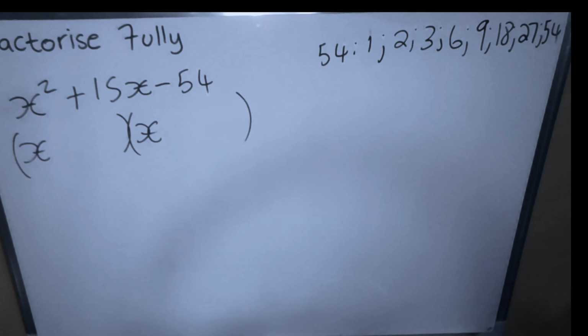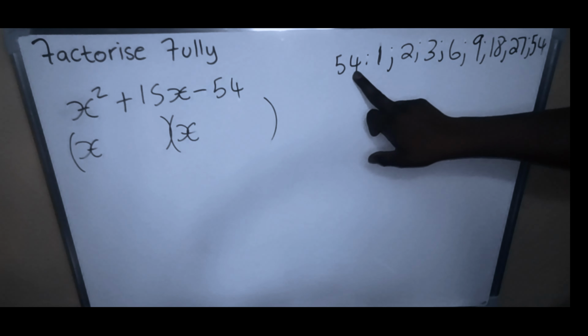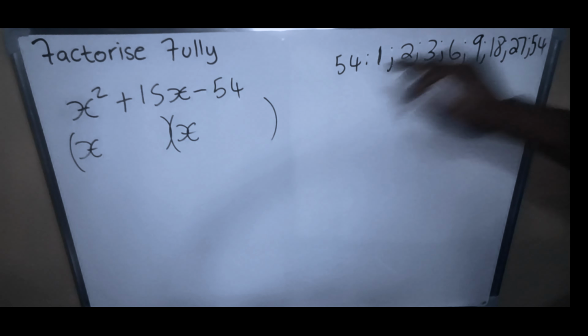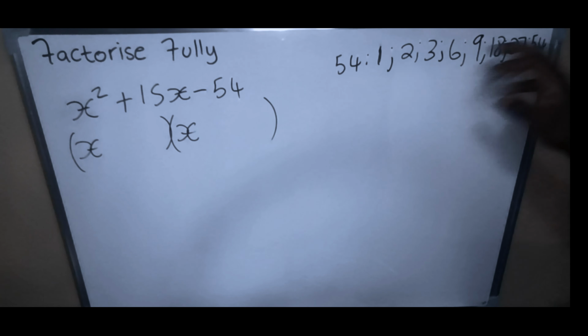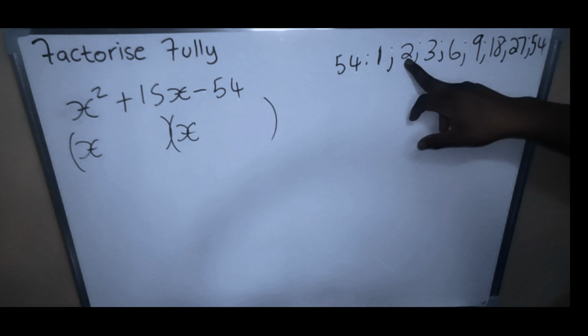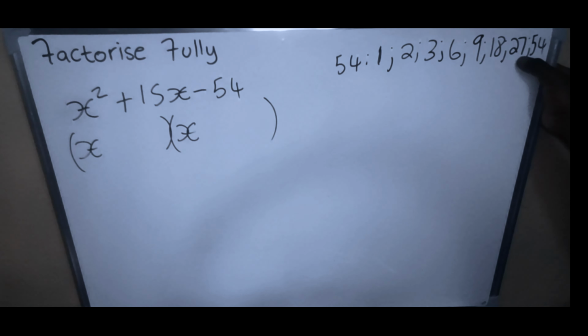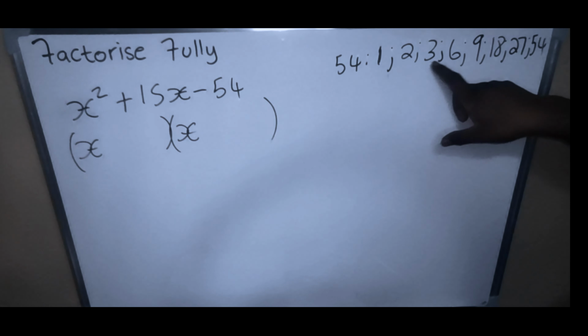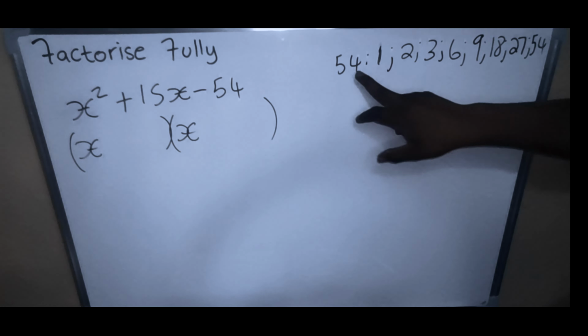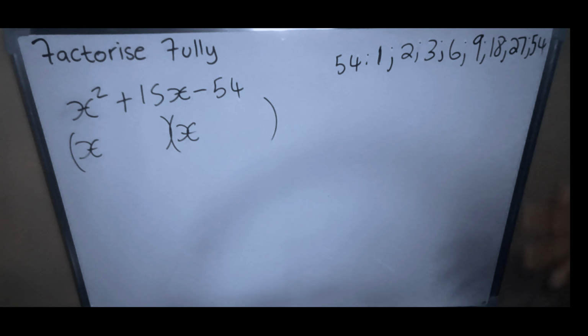So guys, how do you find a factor? On your calculator, you say 54 divided by 1 gives you 54. 54 divided by 2 gives you 27. 54 divided by 3 gives you 18. 54 divided by 4, once it gives you fractions, that means that number is not our factor.